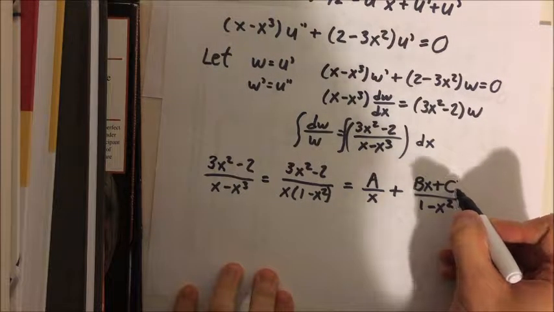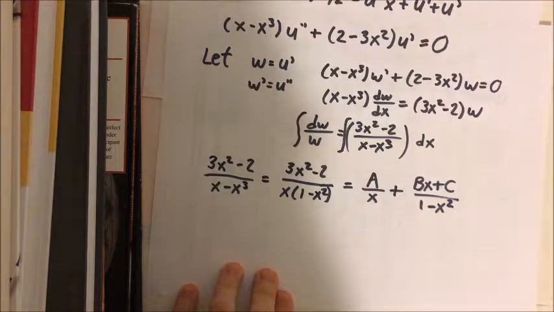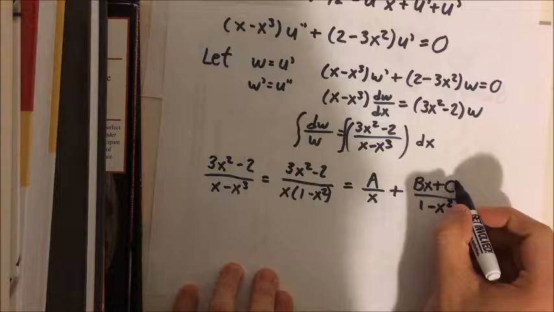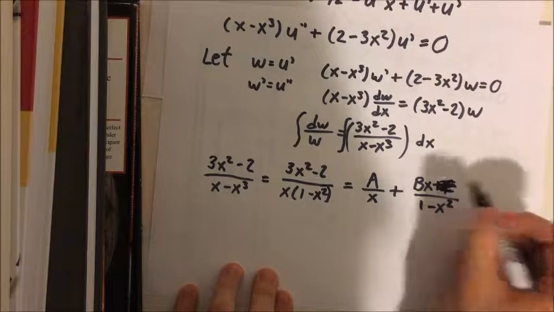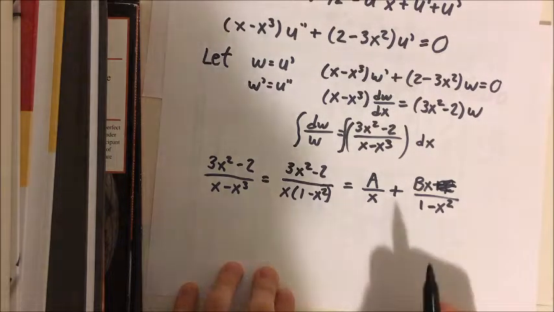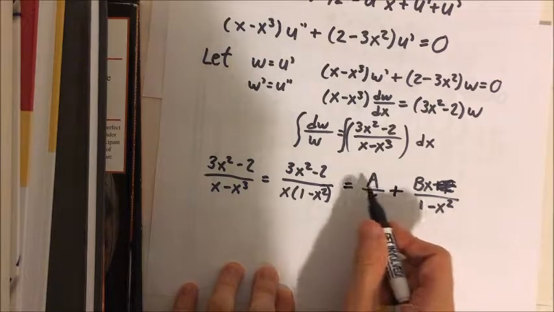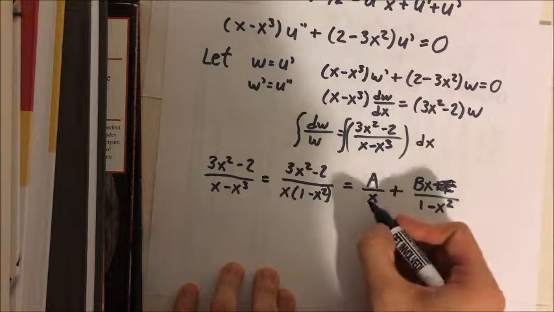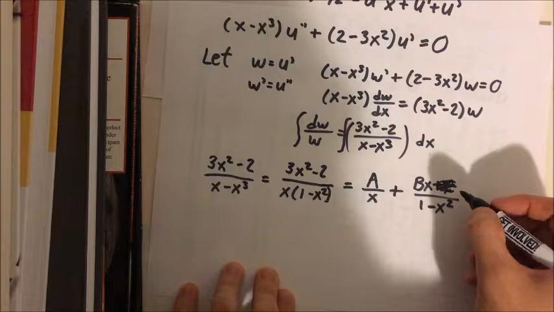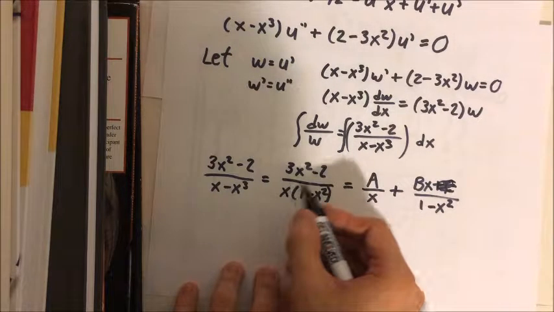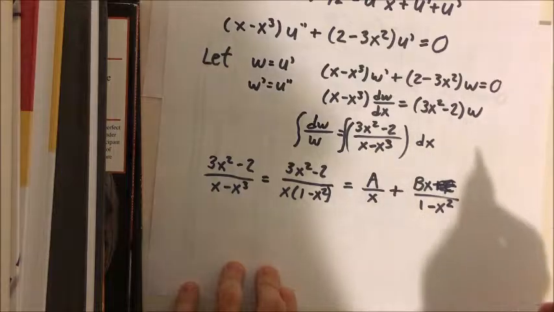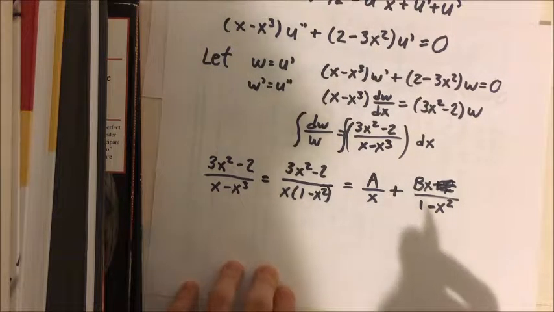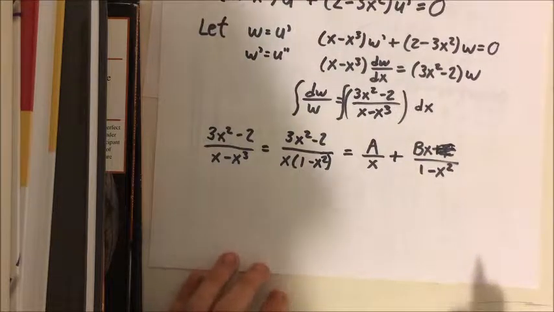So this c times x, when we multiply by the common denominator, is going to disappear. So let's get rid of this c. It's a bit of a clever trick. Because you see now that we have a times the constant times the quadratic term, bx times the x, and the c disappears because we don't need an x term over here. And if you try doing it the other way, you'll see that it'll eventually be equivalent to this anyway. So this is just a little shortcut with a little foresight.